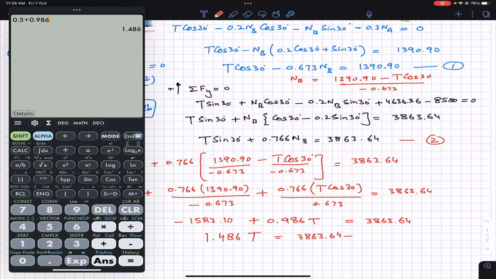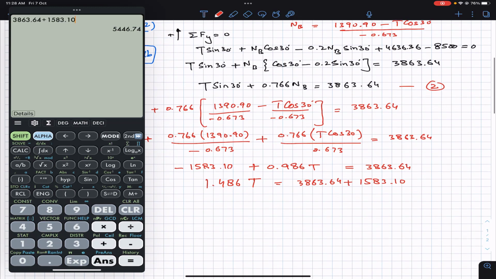3863.64 minus, so this will become positive on the right hand side of the equation. So we will write plus 1583.10. So 3863.64 plus 1583.10 gives me 5446.74.